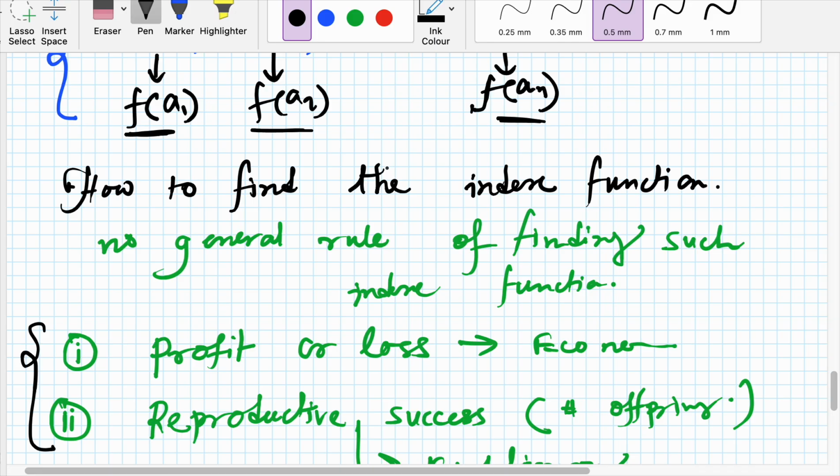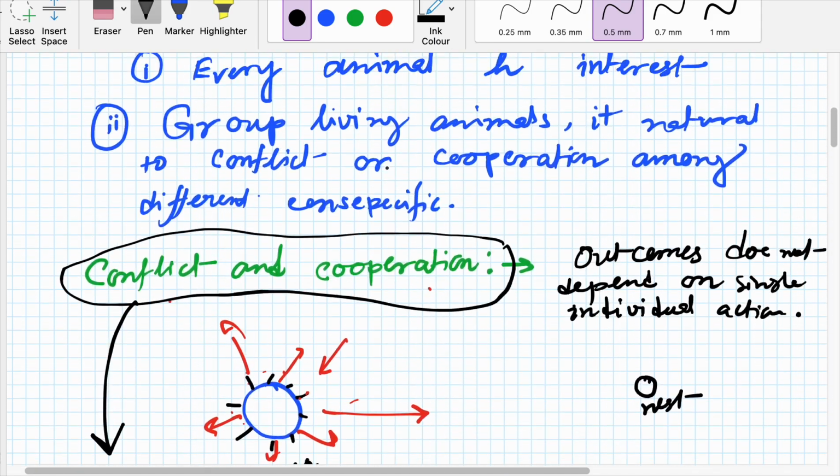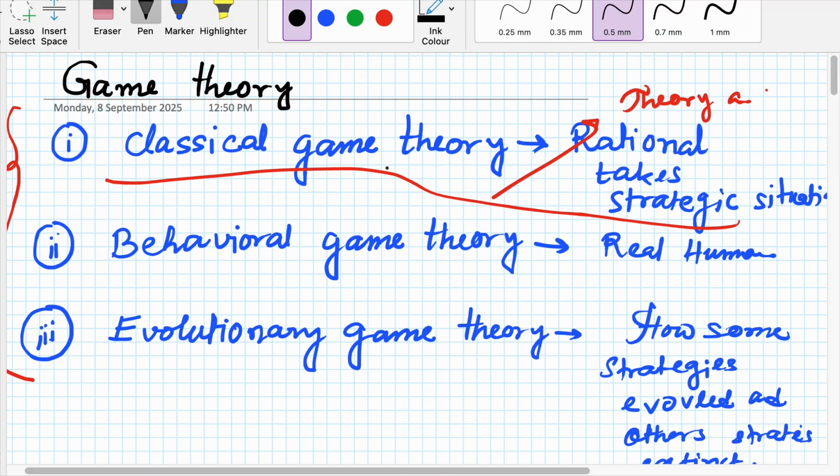So let us revisit what we have done in the previous class. In the previous class, we have seen a brief introduction of game theory, and we have seen that in game theory there are basically three parts: classical game theory, behavioral game theory, and evolutionary game theory.